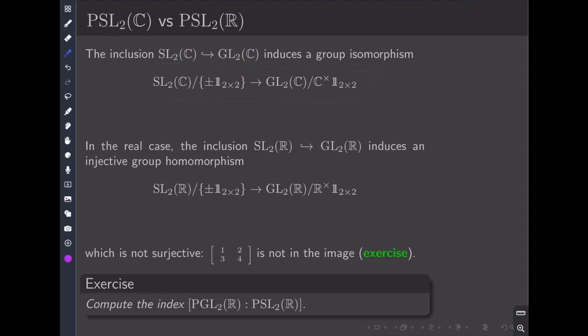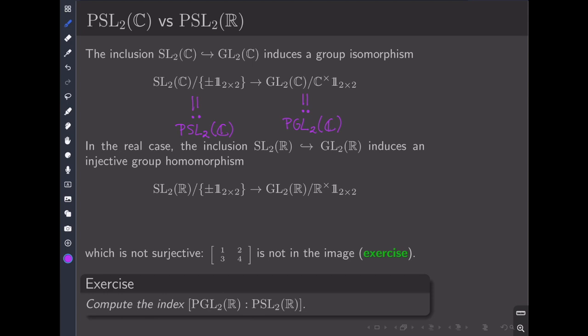And I would write here that this by definition is PGL2C, which is GL2C modulo its center, and I would say that this is PSL2C. That's an easy exercise.